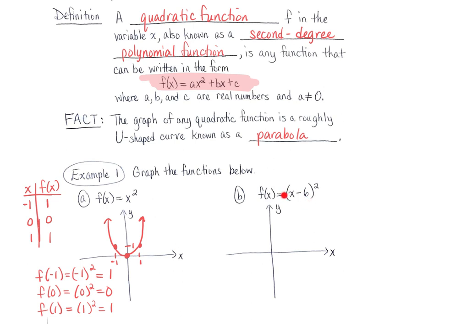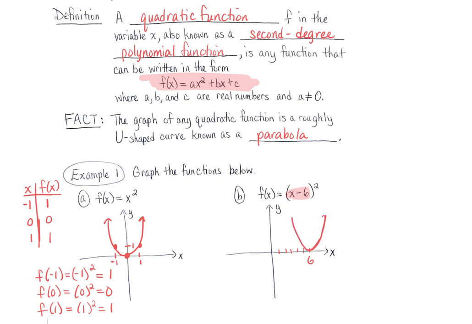Because we know that it's a positive 1 in front of the x squared term whenever we expand it, we know it's going to be facing up. Okay, so this x minus 6 on the inside says we need to take that parabola and shift it to the right 6. And then we sketch our graph.